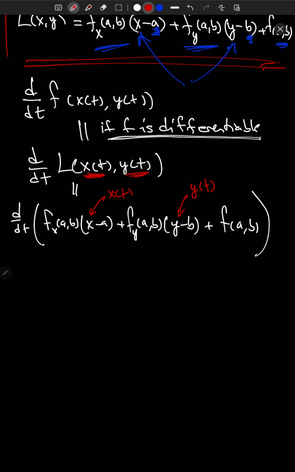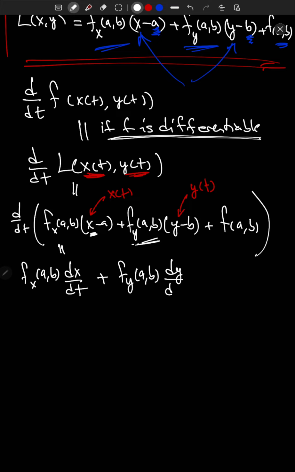When I take this derivative, everything is constant except the x of t and the y of t. So this is equal to f sub x a comma b times, well, f sub x is a constant, so I'm only differentiating the x: dx/dt, where that x is actually x of t, plus f sub y a b, just copying down the constant, and then dy/dt.